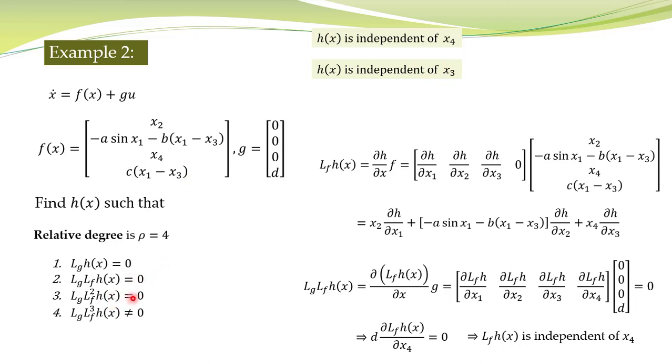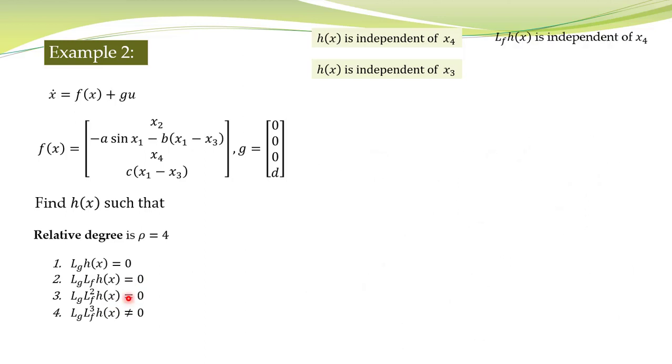Next we have this statement, and let's compute it over here. LF h of x, we have already computed it on the previous slide. The only difference is that we have also substituted partial h over partial x3 to be equal to 0 because this h is independent of x3.